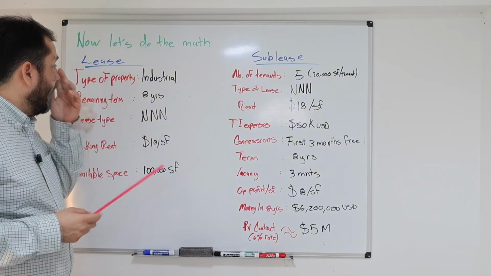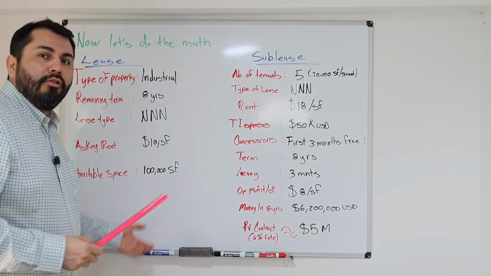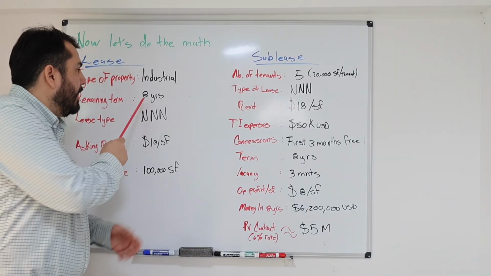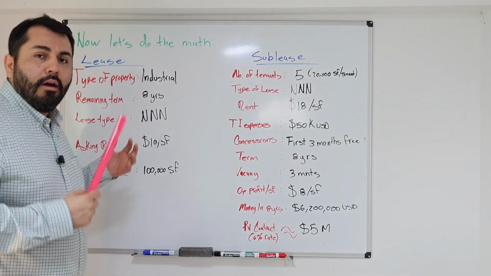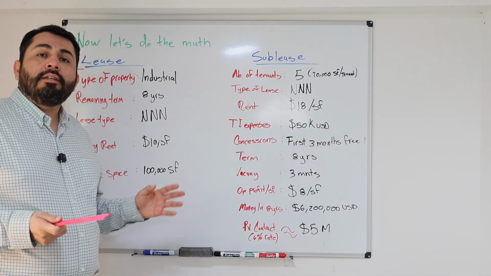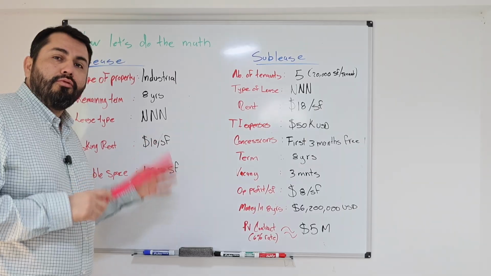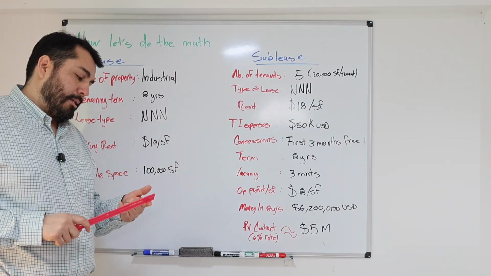The other thing I like about industrial properties is the term of the leases. In industrial properties, you can easily have 8 years or 10 years, or maybe up to 15 years in some cases. That's actually something hard to do in other kinds of commercial properties, like retail.